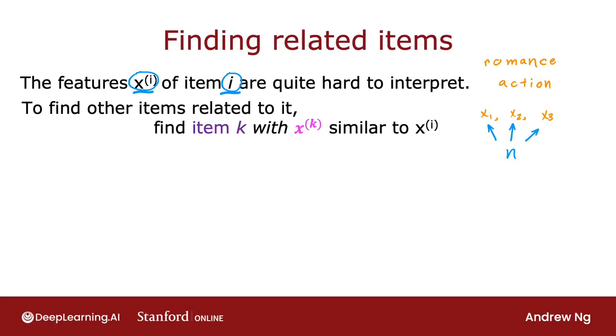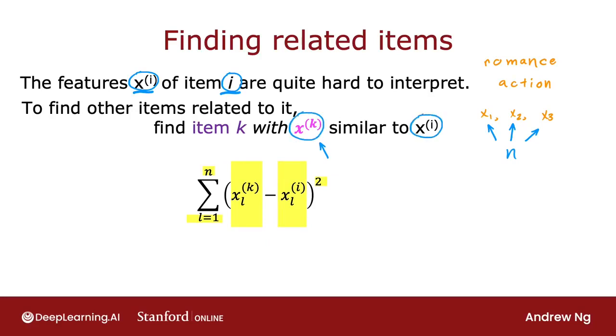And in particular, given a feature vector xk, the way we determine whether or not it's similar to the feature xi is as follows: the sum from l equals 1 through n with n features of xkl minus xil squared. This turns out to be the squared distance between xk and xi, and in math, this squared distance between these two vectors, xk and xi, is sometimes written as follows as well.